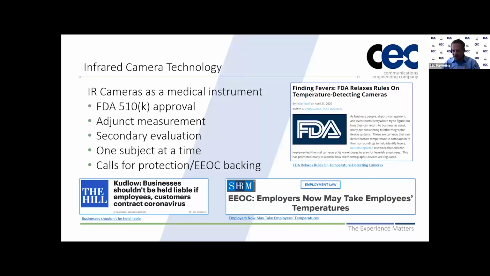Another thing to keep in mind is that the FDA may reinstate some of their regulatory requirements post-pandemic. However, we'll have to wait and see how that pans out.